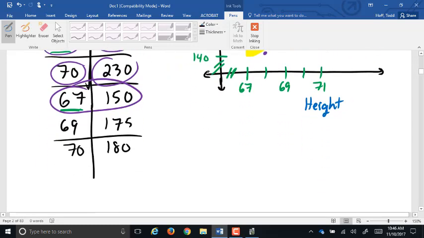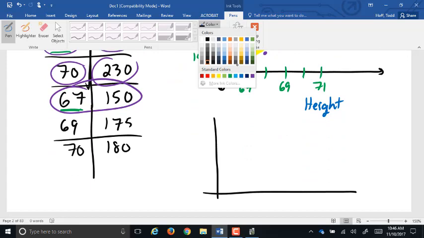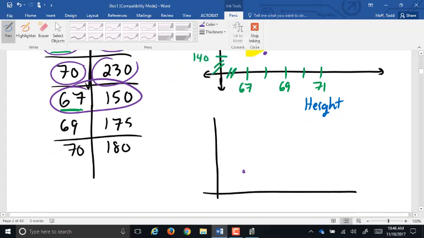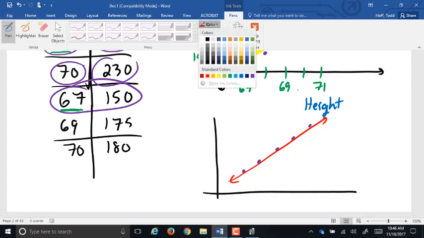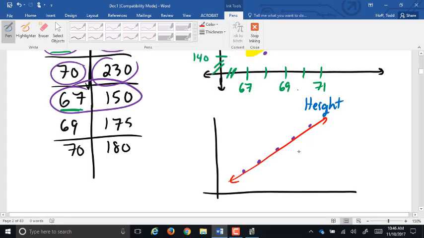The closer those points lie to a straight line, like those points there are almost exactly on a straight line, it's what we refer to as a stronger relationship.